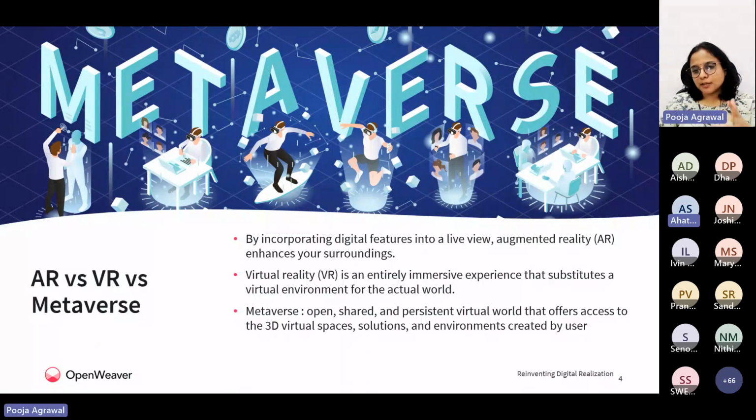So when we talk about metaverse, it is an open, shared, and persistent virtual world that offers access to 3D virtual spaces, solutions, and environments which the user can create. So basically, in metaverse, we are trying to combine a space where, the moment I was saying you could be anything, a Matrix actor could be a superhero, have those powers, and act completely different from what he was in the real world.